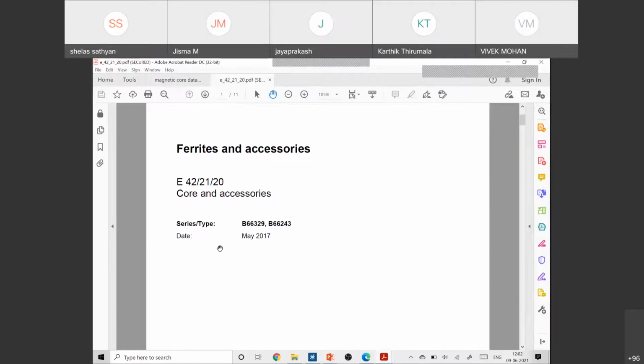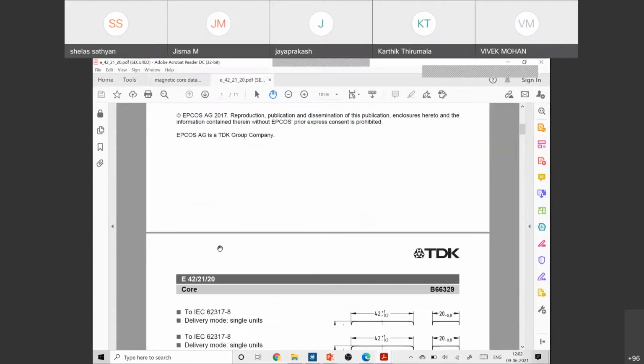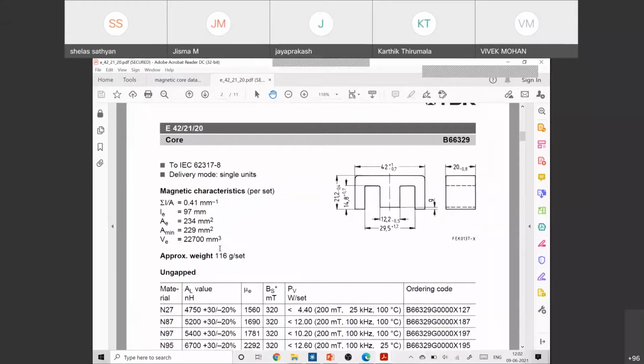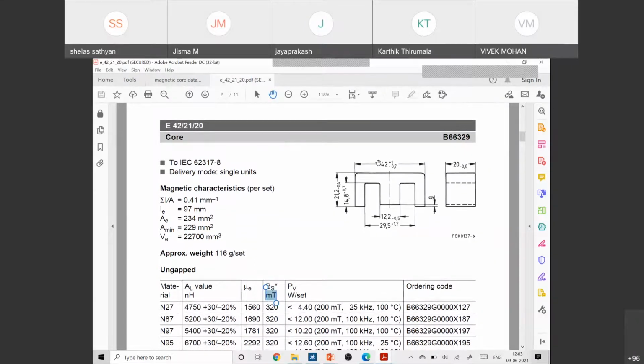Let us take a random core table and see what things are available from the manufacturer. If you see any core, some data are given. One is LE, equal to 97 mm, that is the mean magnetic path length. Another is AE, which is the area of the core, 234 mm square. Similarly, the volume of the core is also given. And in E42, the 42 means the length of the core.